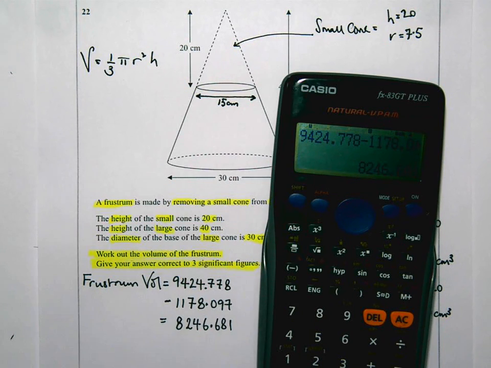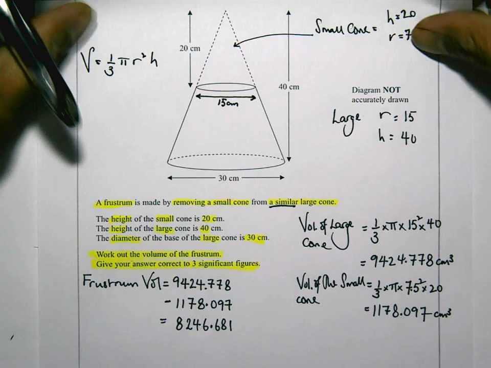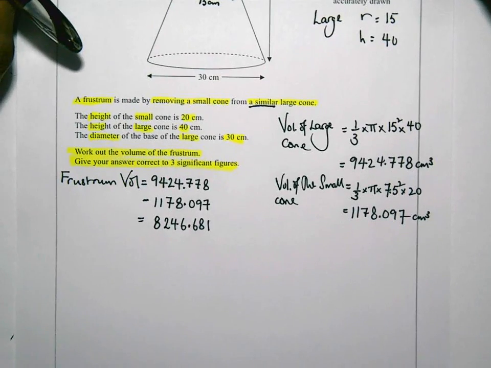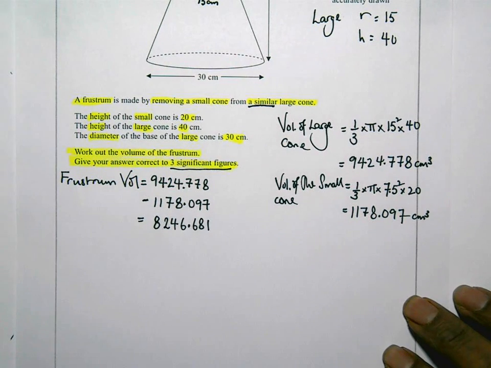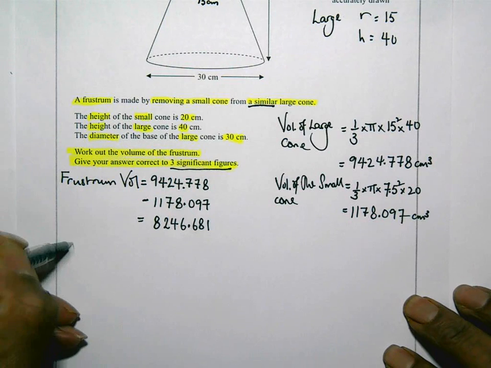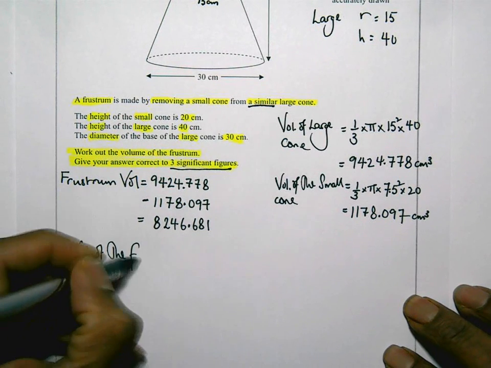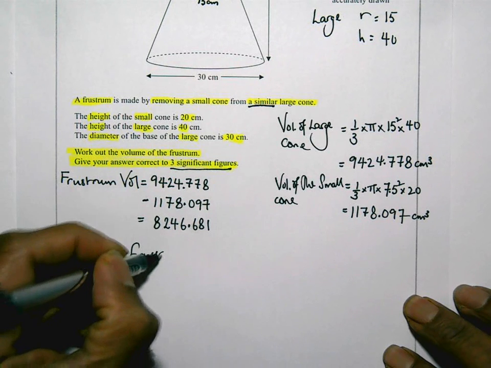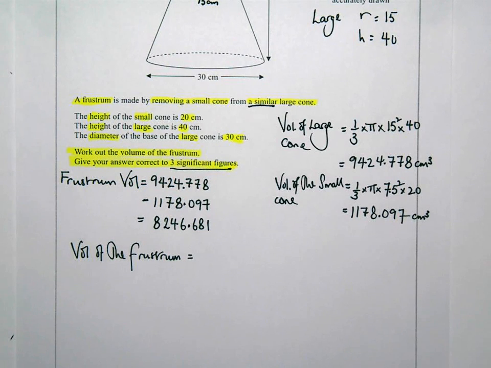Now if I just move this up a bit so that we have enough room for the last part of this. The question says, give your answer correct to 3 significant figures. So the volume of the frustum is going to be this number written to 3 significant figures.